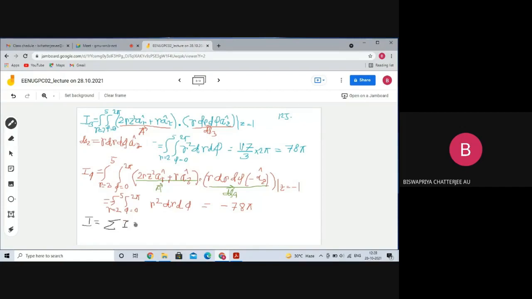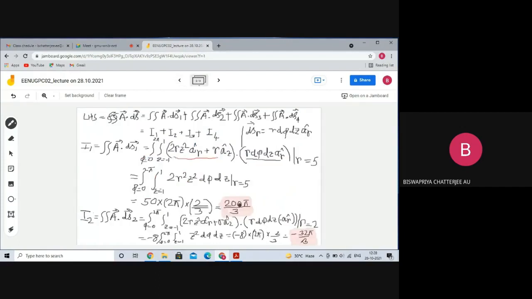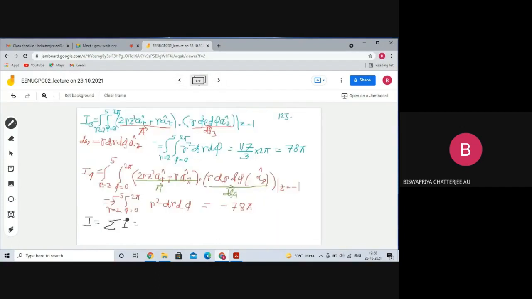So it will be coming as 200 pi by 3 minus 32 pi by 3 plus 78 pi minus 78 pi.